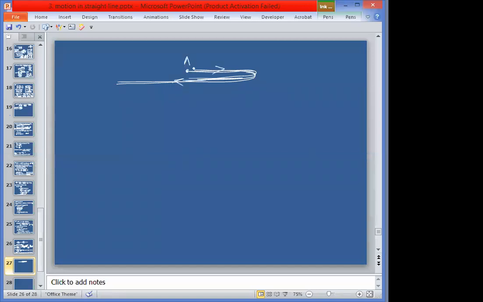Let us call this point as A, this point as B, this point as C. At point A, time 0 है, position पण 0 है. At point B, position calculate करा. At point C ला time आहे 3 second, position आहे -3. Find out 2 second ला. At point B ला time किती सांगितला मी, 2.